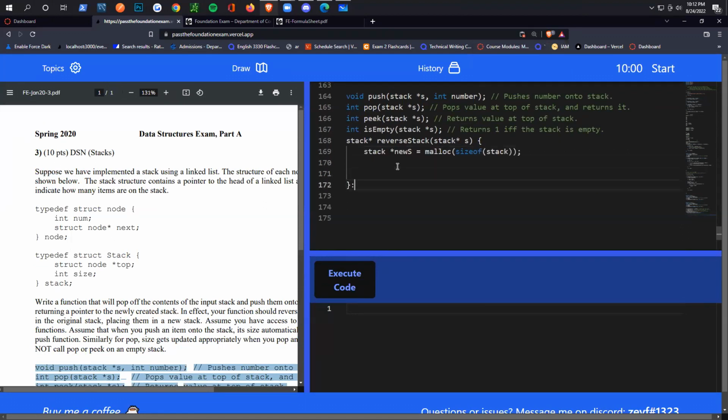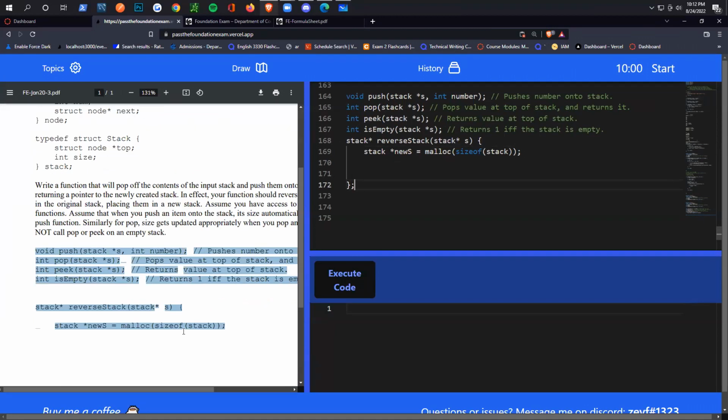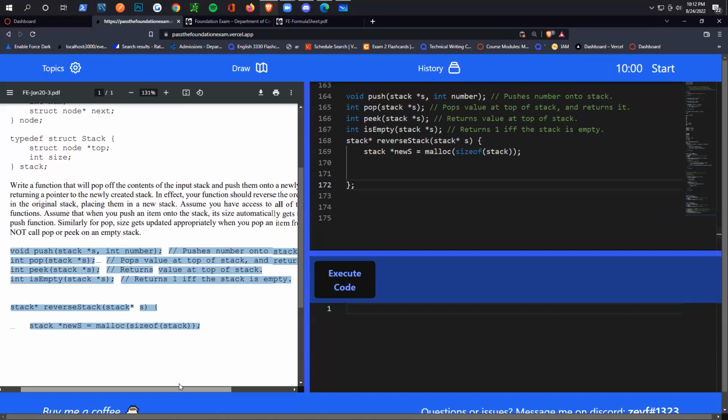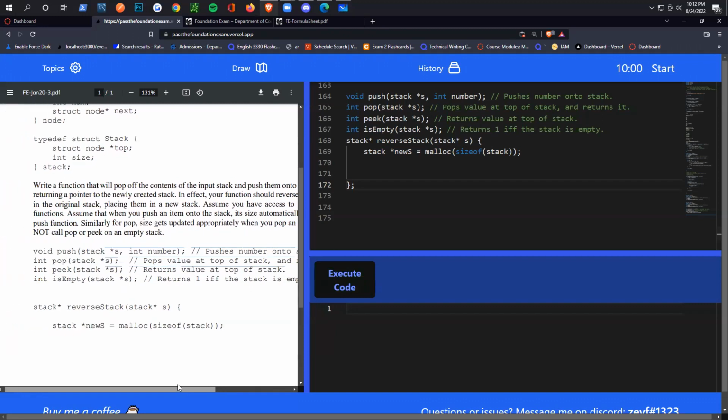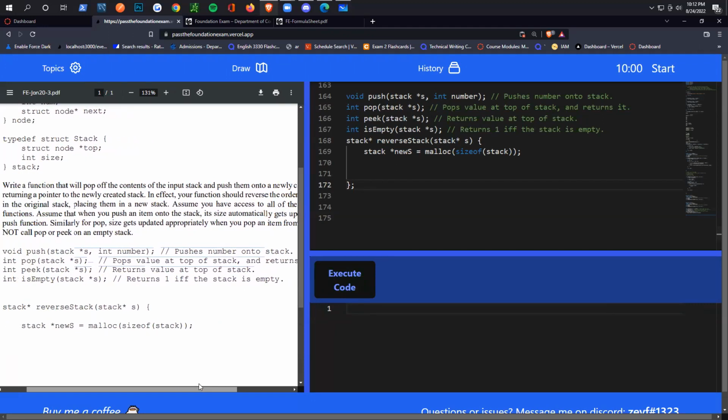We're just going to reverse the stack. So we have a stack. I don't know if they say to free anything. It doesn't seem like they say to do that. Okay. Yeah, they don't say to free a stack, I guess. I'll just do it either way, because why not?